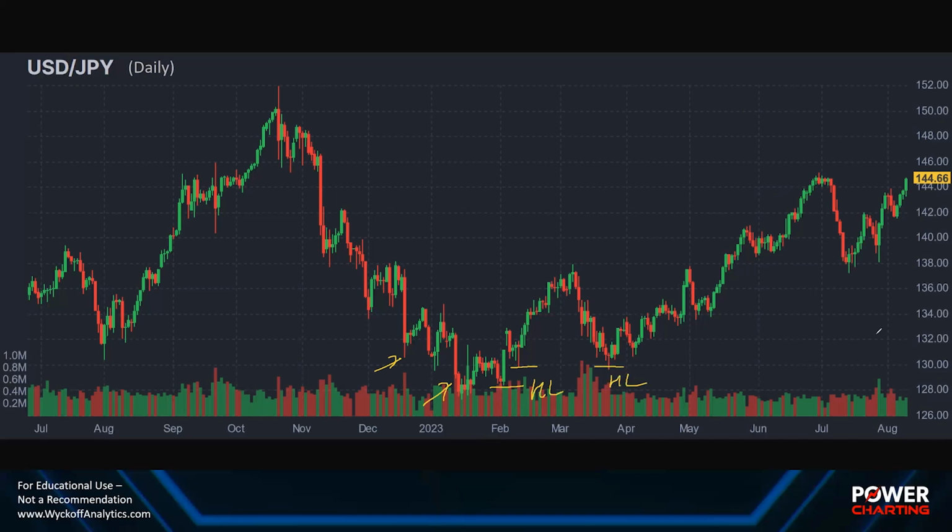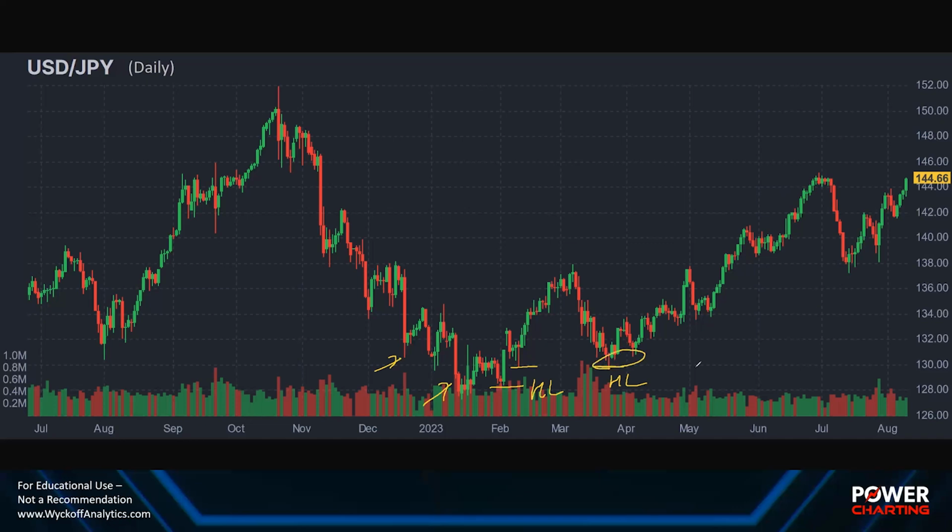And you can see later on, especially when you get out to May and even June with that backup, that this whole structure back to early December, late November is accumulation. It's a cause building process and it's accountable from a point and figure perspective. Then you have another higher low in late March, early April.